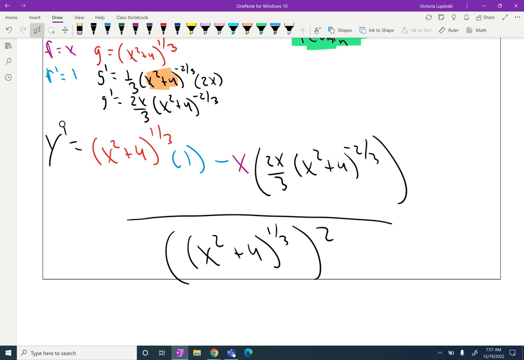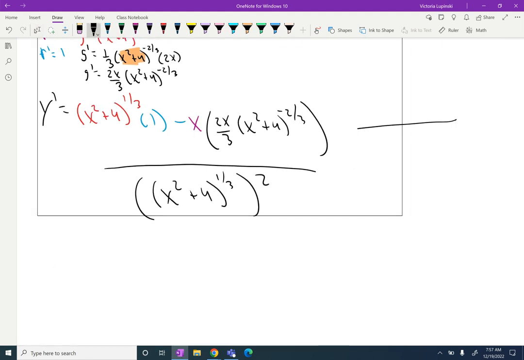That's the calculus part. Now it's all a matter of doing the algebra. So to do the algebra, I'm just going to do the numerator first. So let's just look at the top of the fraction. I'm going to go ahead and just try to rewrite it a little bit. The first thing that I notice here is that this is over 3 and this is just a 1. My life is going to be much, much easier if they're both over 3. So how can I change this 1 over 1 to be something over 3?